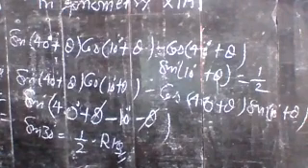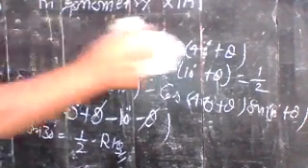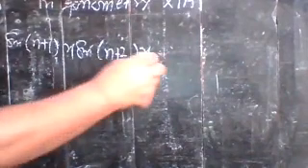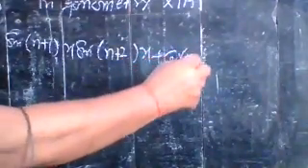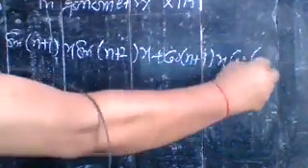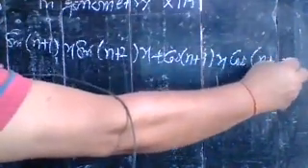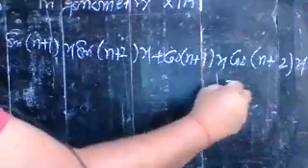In the same way, prove it: sin(n + 1)x sin(n + 2)x plus cos(n + 1)x cos(n + 2)x is equal to cos x.